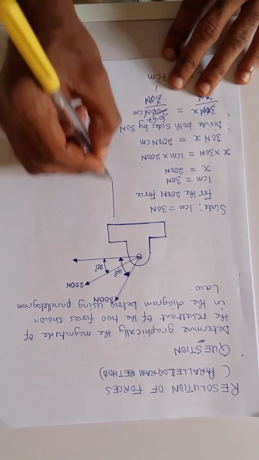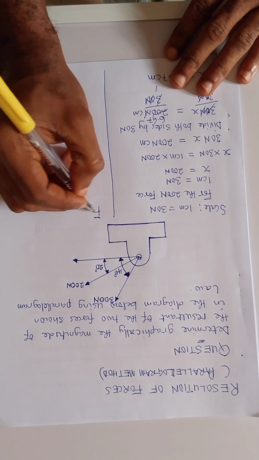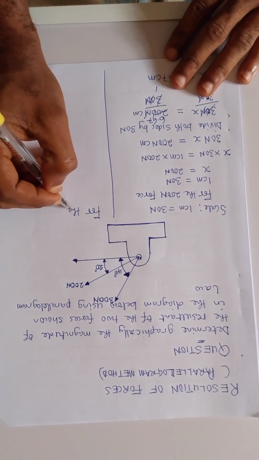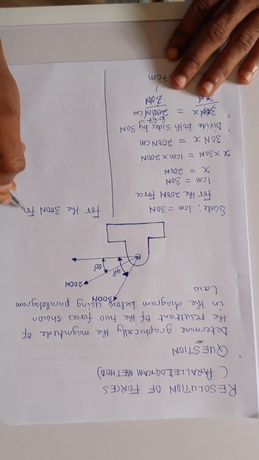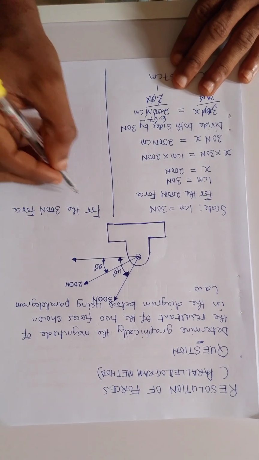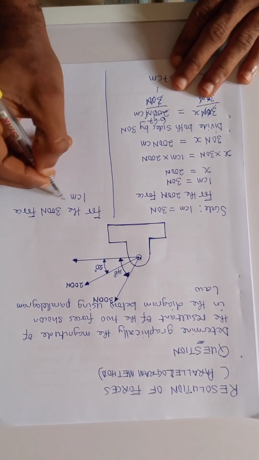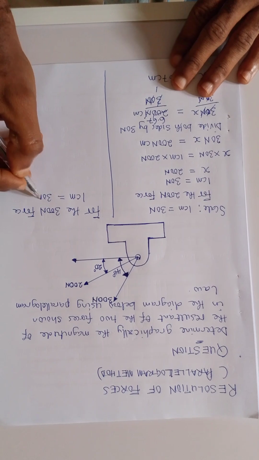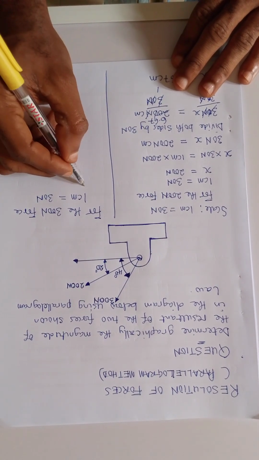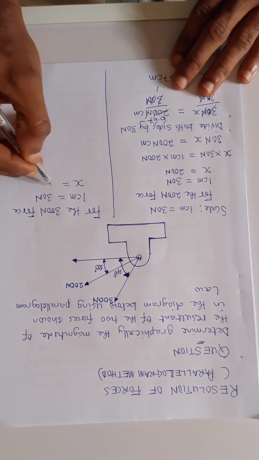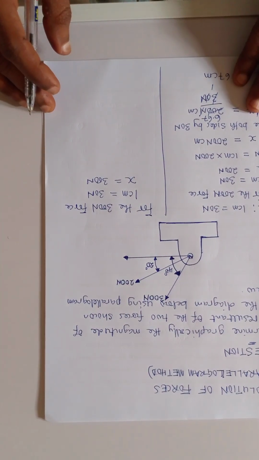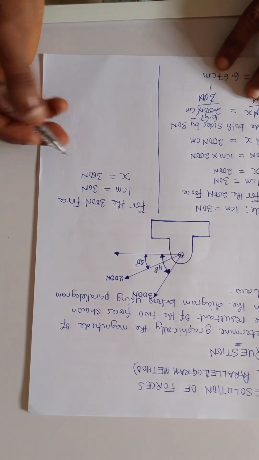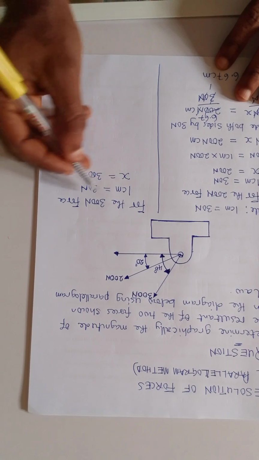And so for the 300 Newton force, we do the same thing. We use the same scale, 1 cm equal to 30 Newton, and so that our x will be equal to 300 Newton, since we are considering the 300 Newton force. And so we cross multiply.